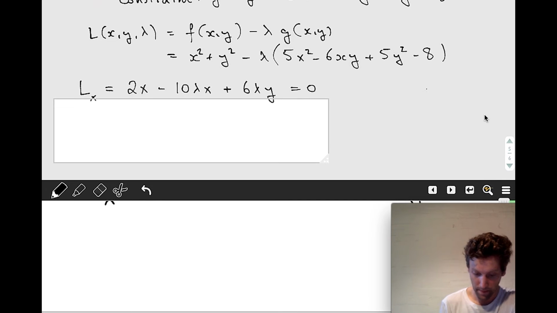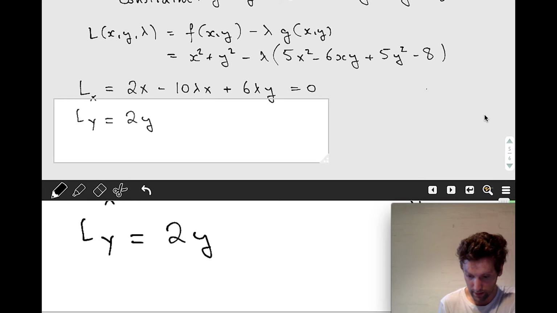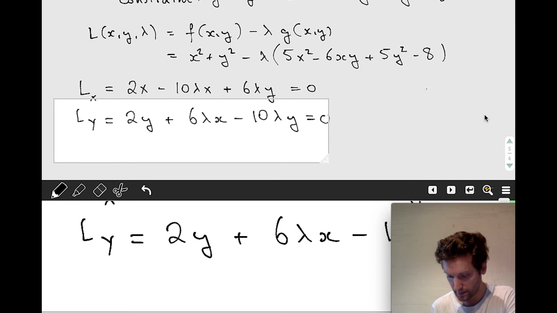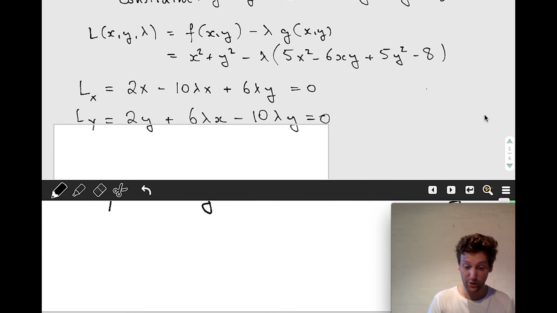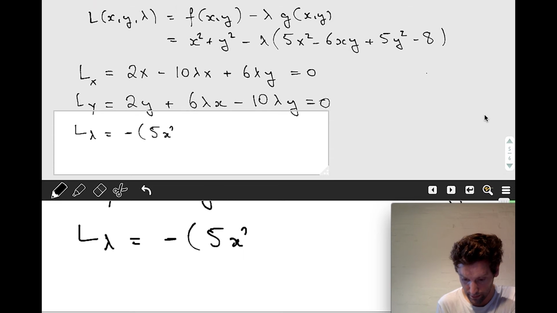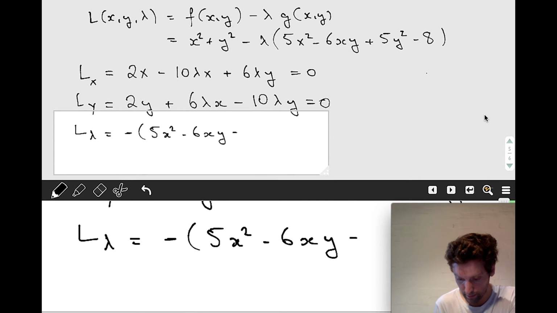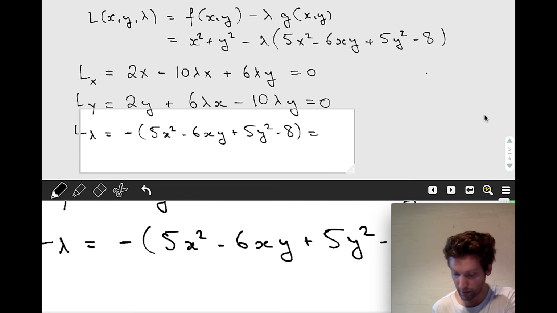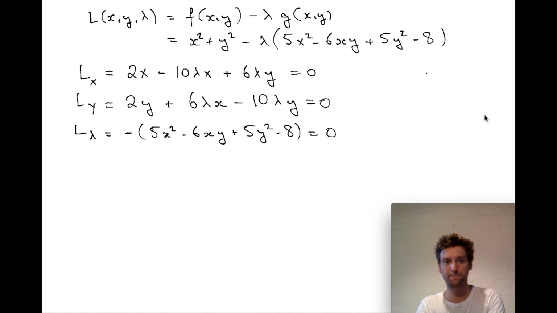We want the partial derivative of L with respect to y is equal to 2y plus 6 lambda x minus 10 lambda y is equal to 0. And of course we also have L subscript lambda is equal to minus 5x squared minus 6xy plus 5y squared minus 8 is equal to 0. As usual, that just gives us back our constraint.